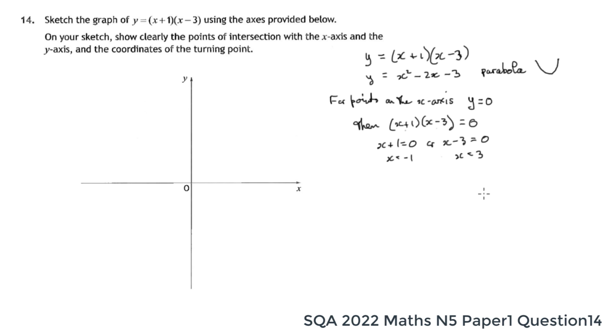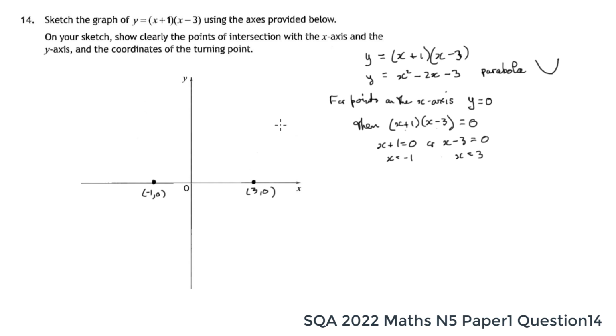And we've therefore got the points of intersection with the x-axis. One of them is at negative 1, 0, and the other one is at 3, 0. So we're going to have a curve going something like this.